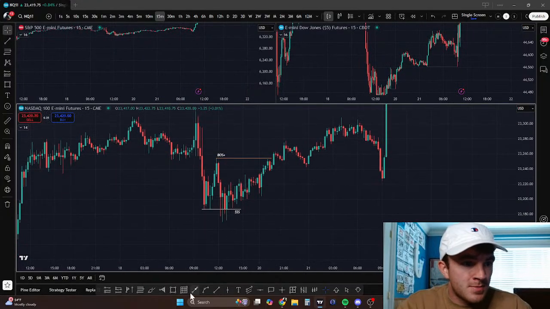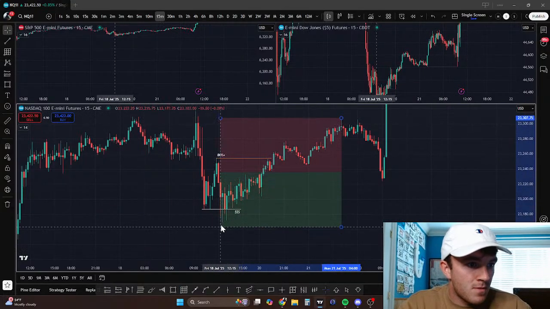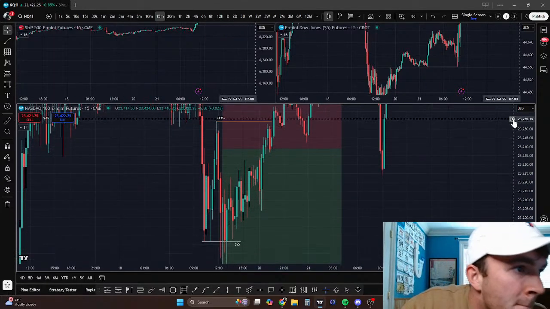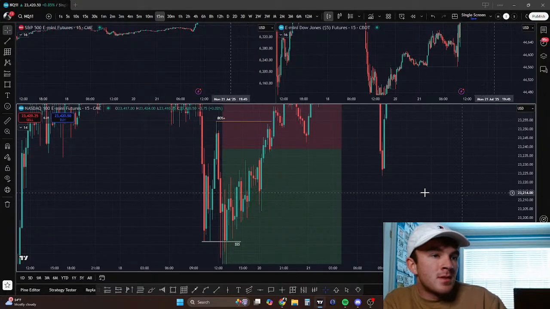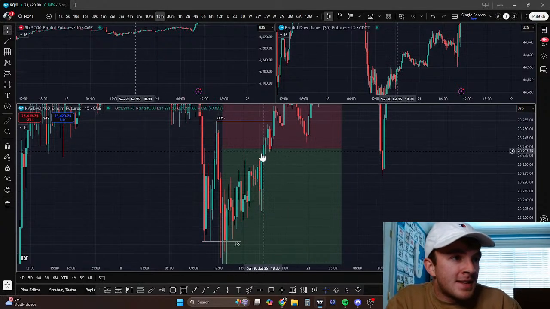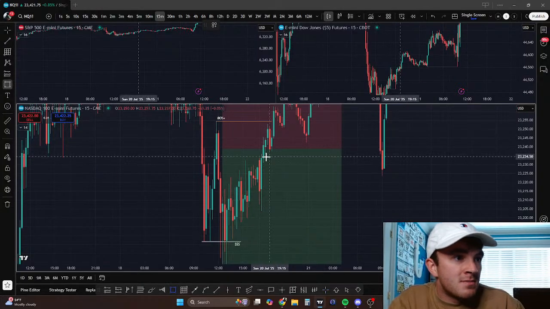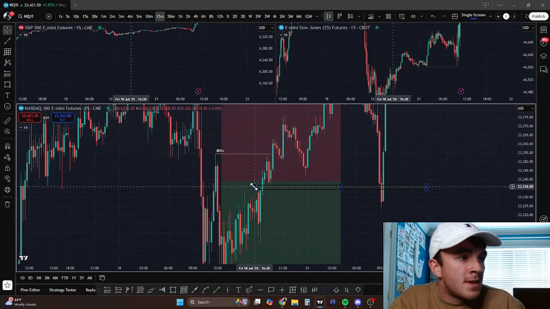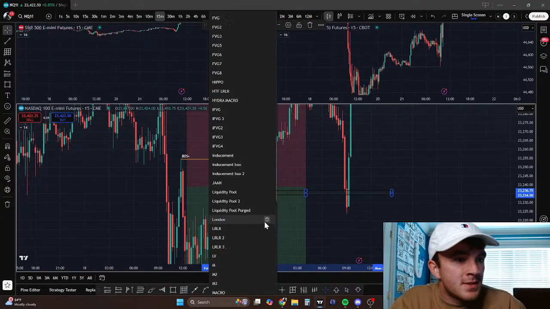Now we measure out this move up from low to high. I guess that's not technically a fair value gap, but if you take it as two candles, it is, right? And then once again, that new week opening gap, chilling below price.